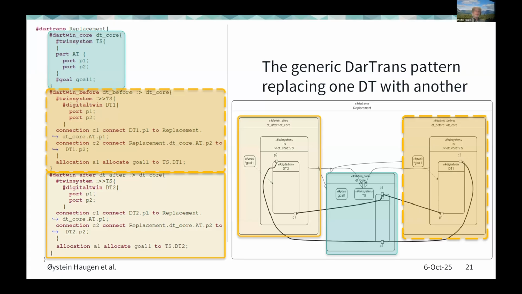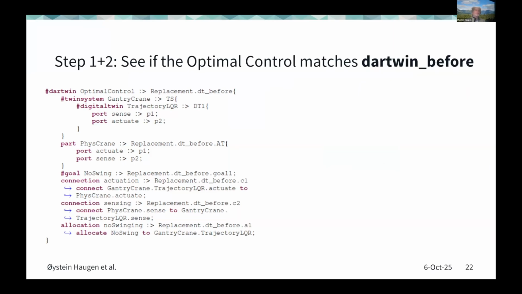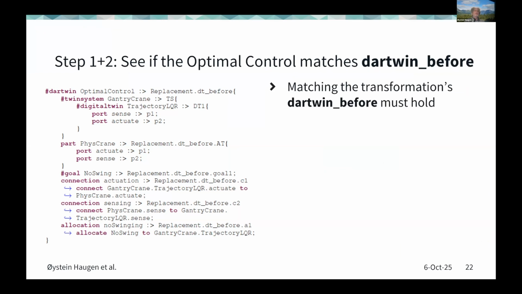And that's basically the principle. And how do we apply that to a given system? The first steps are to make sure that the DarTwin before of our real system is matching the DarTwin before of the pattern.